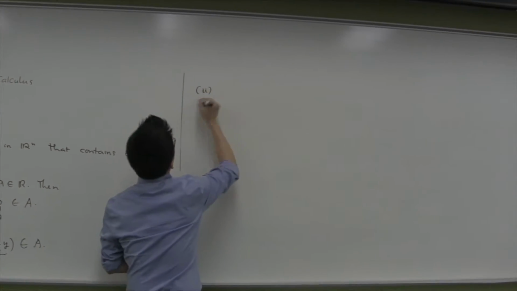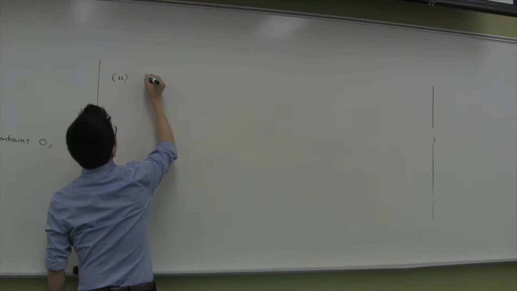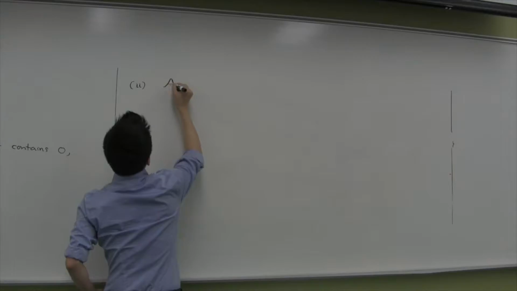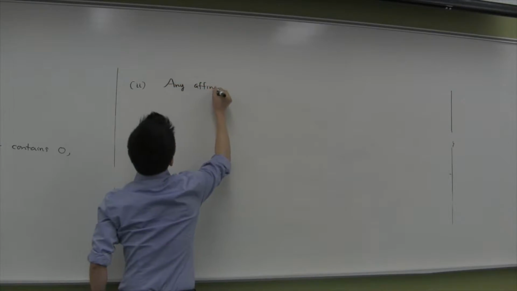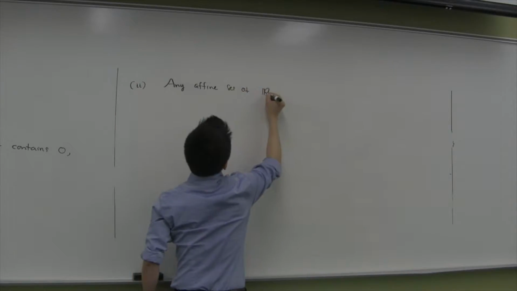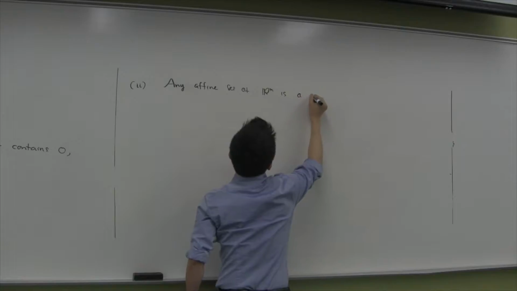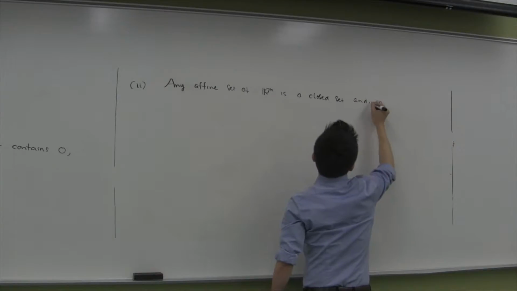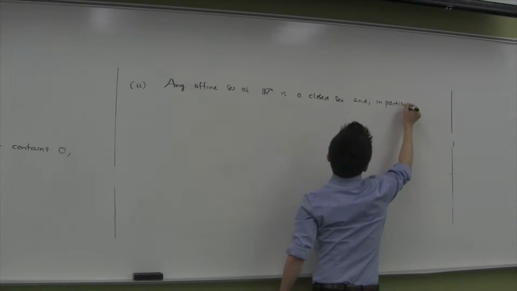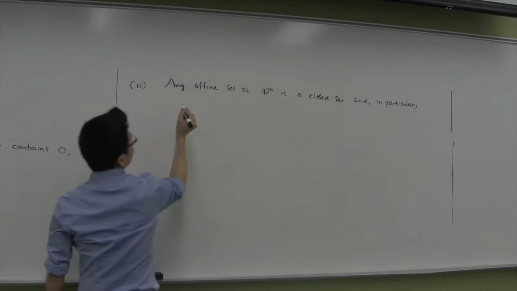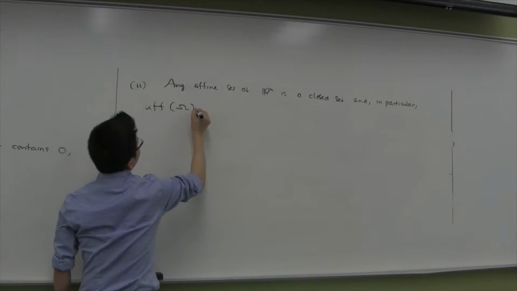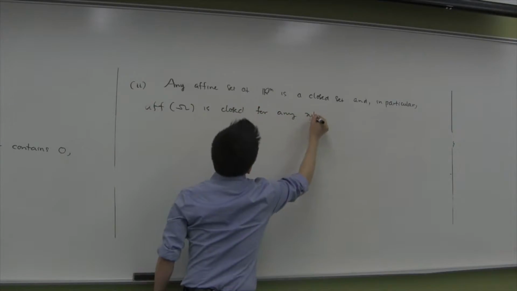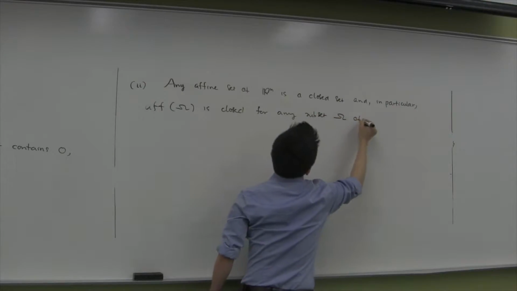The second property is as follows. Any affine set of Rn is a closed set, and in particular, the affine hull of omega is closed for any subset omega of Rn.